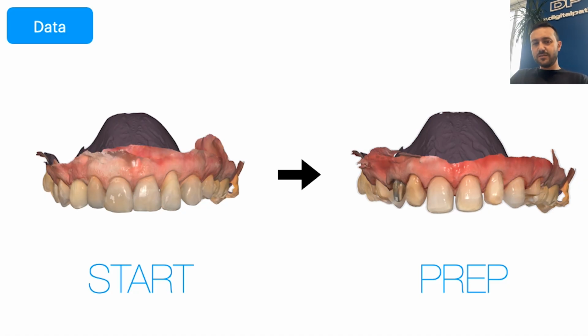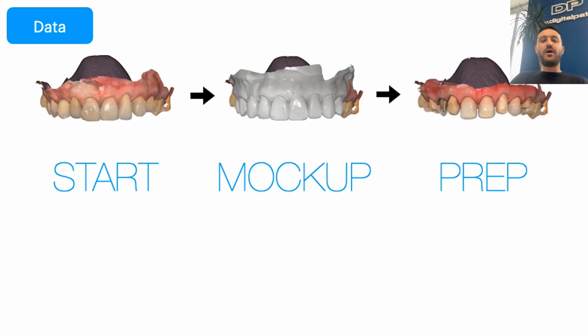Yeah, is that right? No, it's not right. Absolutely not. We don't start by prepping the teeth. We don't start by sending the work to the lab. We start by building a bridge between our plan and our hands. This bridge is the 3D mockup.